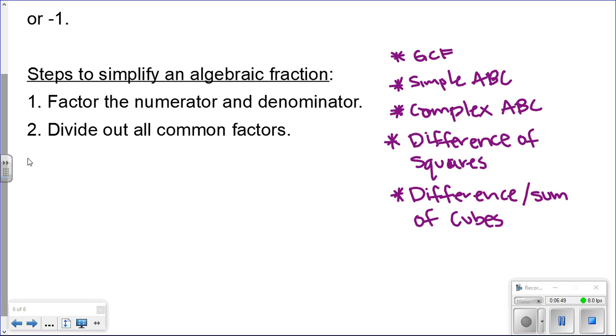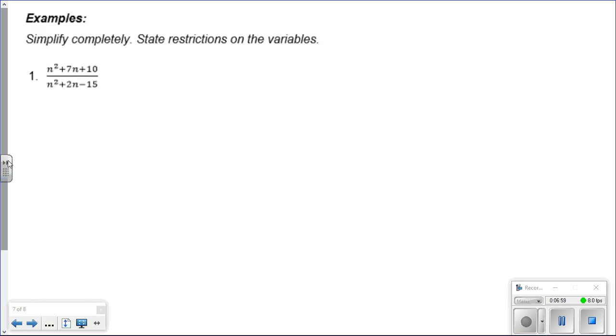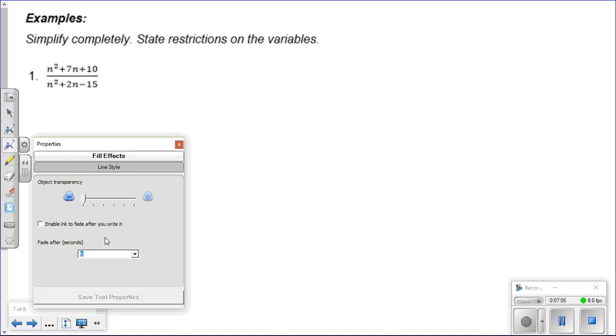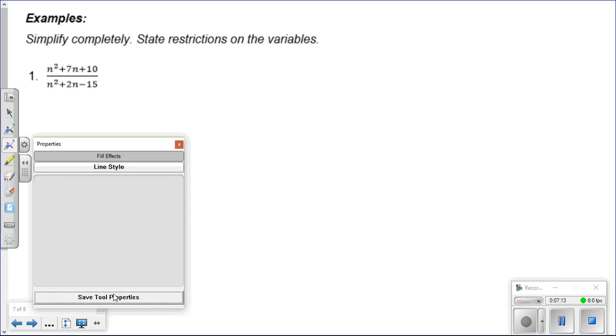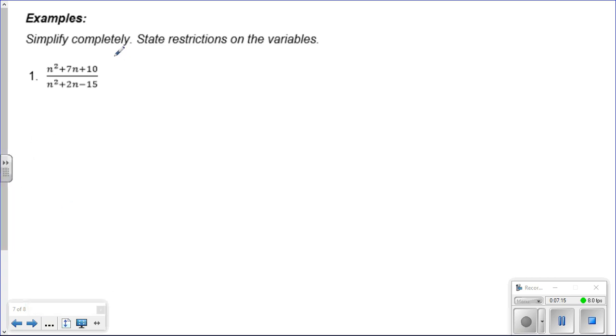So we're obviously going to do a couple examples of simplifying when we have algebraic fractions. All right, so our first step was to factor everything in the denominator and in the numerator.